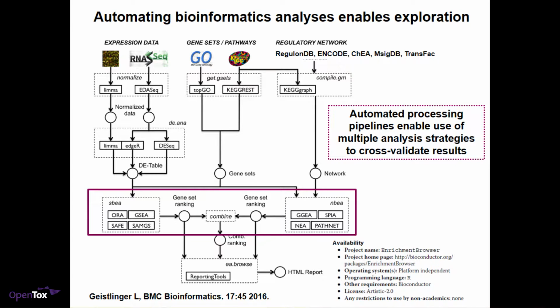Essentially, if you don't really know which tools you should be using, or you suspect that they might give somewhat different results, then if you run many different tools in parallel and compare the results, you can get a better idea of what the variability is in terms of the results, and which results you should trust and so on.